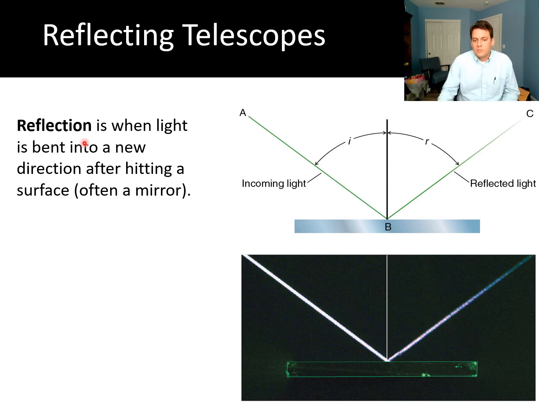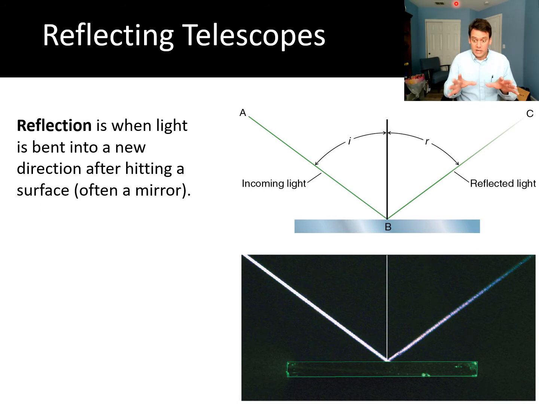That's something you're familiar with. You have a ray of light come in, it hits a surface, it reflects, and what's called the angle of incidence, which is this angle here, is equal to the angle of reflection. Somebody somewhere decided to give that sort of obvious statement a fancy name, and called it the law of reflection. So the angle of incidence is equal to the angle of reflection.